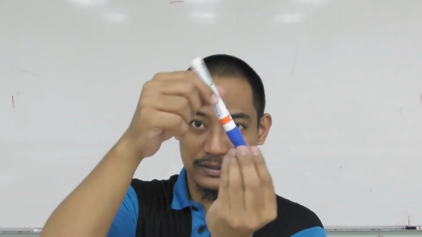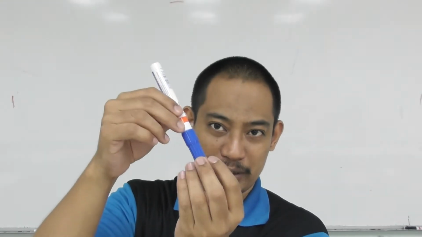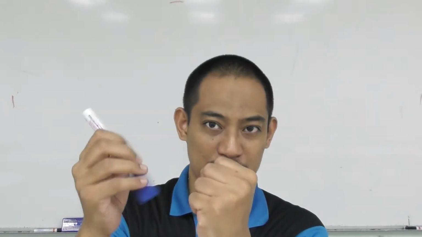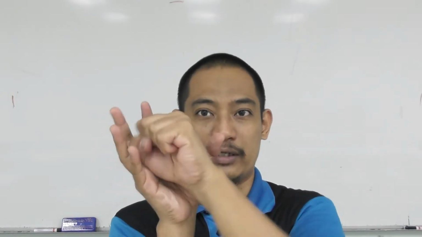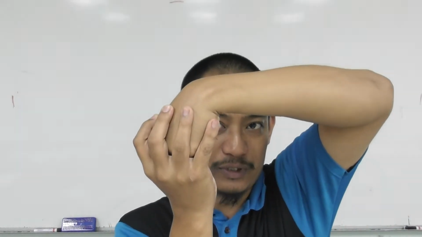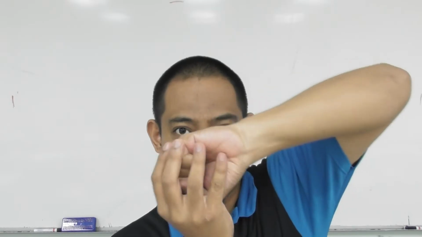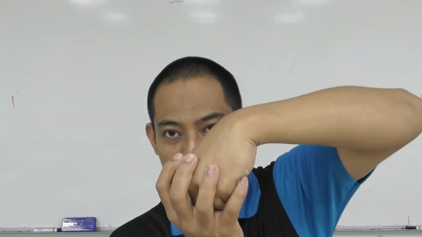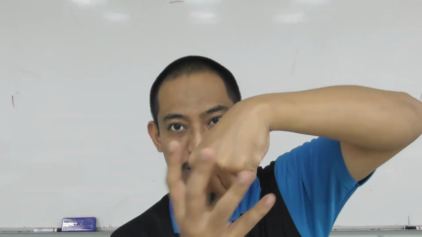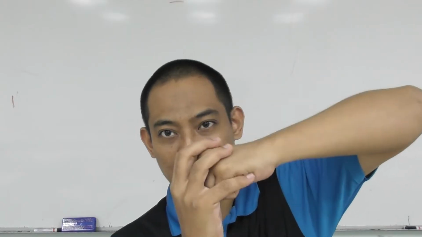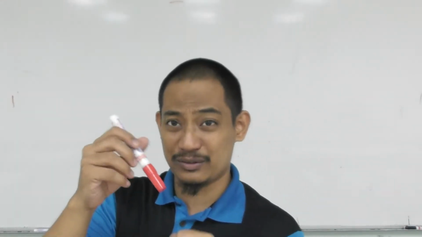Inside, it's basically a ball and a socket capturing it. You can rotate all you want, but the ball itself cannot move in any axis. It's captured there, but it can rotate any which way. That's an example of ball and socket.